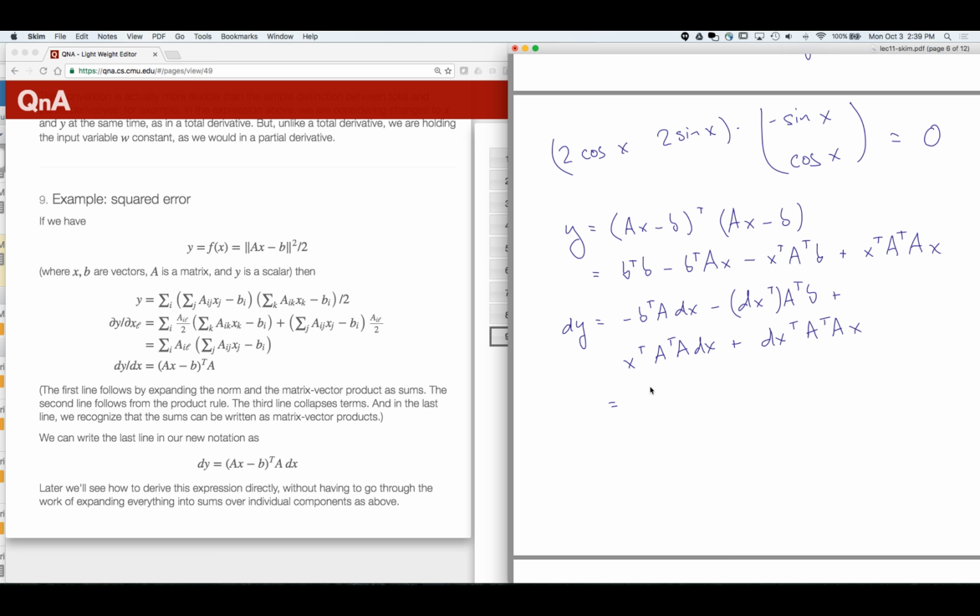And so this is equal to minus 2 b transpose A dx plus 2 x transpose A transpose A dx, right? And if we pull out the A times dx from both terms, it's pretty easy to see that that's equivalent to this one.